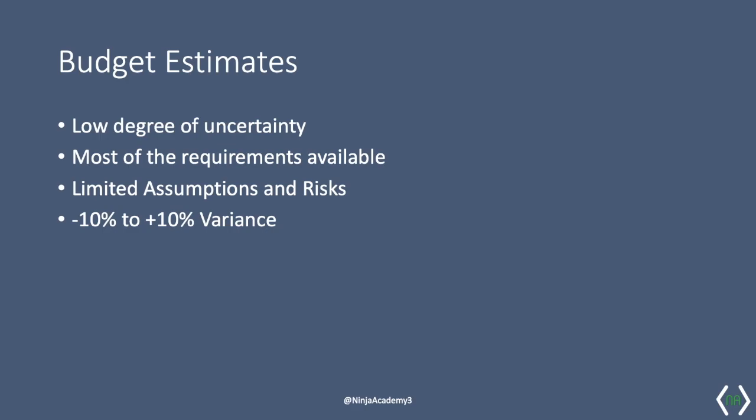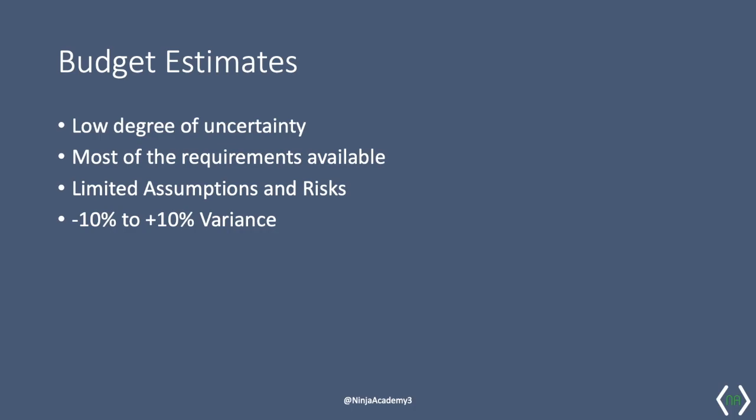Now let's look at the budget estimates. If you were to set up a workspace in the cloud or evaluate an off-the-shelf product for your organization, budget estimates come in handy. Budget estimate is a high-level estimation technique. Use it when there's no ambiguity, most of the requirements are known about the project, and there are fewer dependencies, risks, or assumptions.